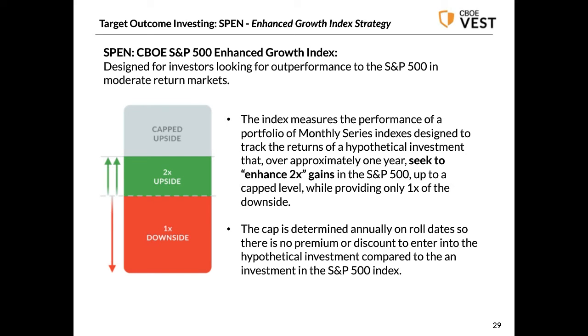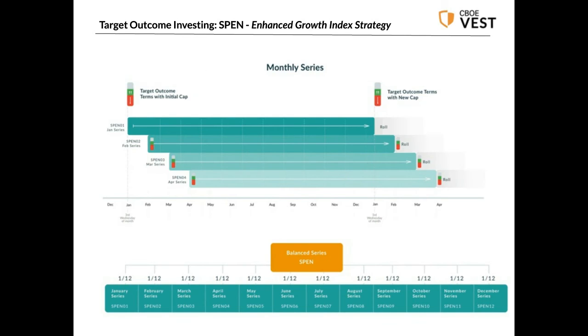Okay, so the index itself, the SPEN Growth Index, actually invests in a portfolio of these strategies that expire in 12 different calendar months. So as we said with target outcome, and options, you need to select an expiration.